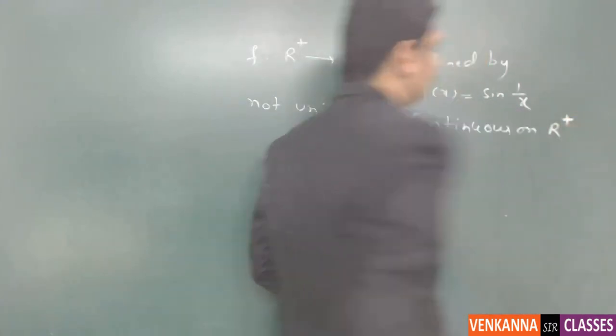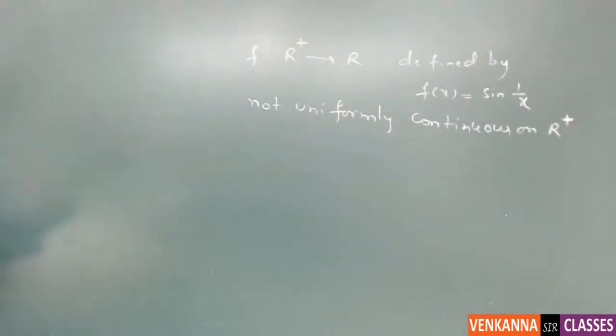This was the question. So you take the function f from R plus to R defined by f of x is equal to sine 1 by x, and we are going to prove that it is not uniformly continuous on R plus. Okay? Is the task clear?